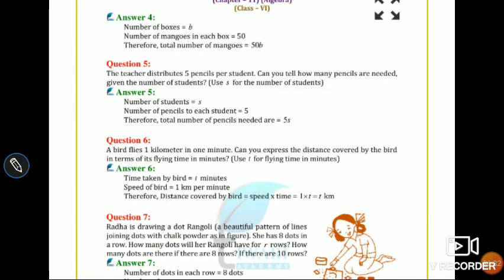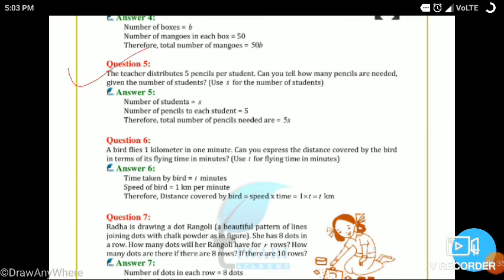Now see students, question number 5. The teacher distributes 5 pencils per student. Can you tell how many pencils are needed given the number of students? So here use s for the number of students. Okay, you have to suppose s as a variable for the total number of students. So number of students is equal to s, right?